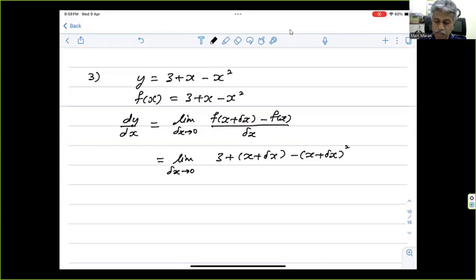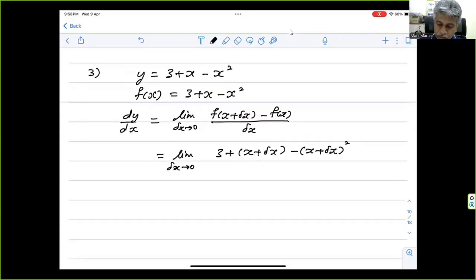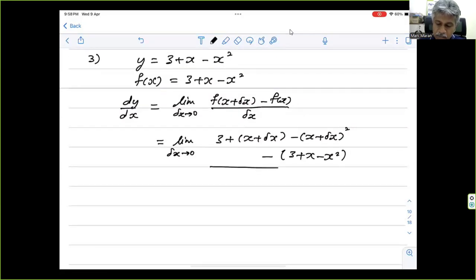Okay, so that is the front part. And then the back part, you'll have minus f of x, which will be minus the same function, 3 plus x minus x squared. And then divide all this by delta x.